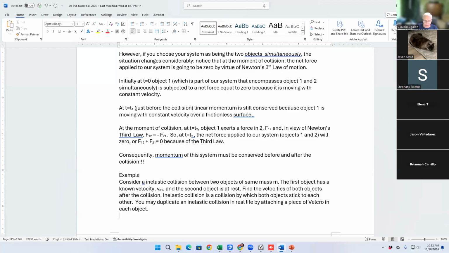Okay, so here we go. Solution. Assume the surface in contact with the two objects is frictionless.